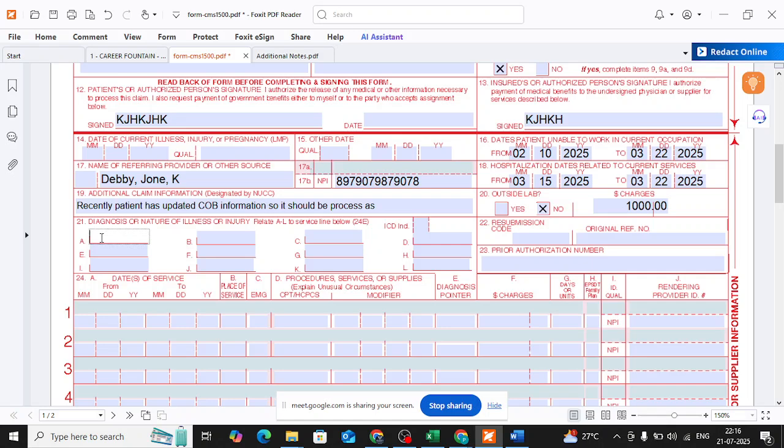First he will diagnose the patient and decide what service needs to be provided. Every service is called a procedure code. For example, the normal general checkup procedure code is called evaluation and management procedure code. Every procedure code should have the related diagnosis code. For example, this looks like this.